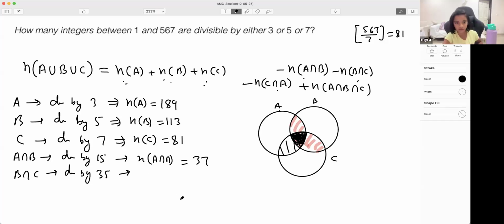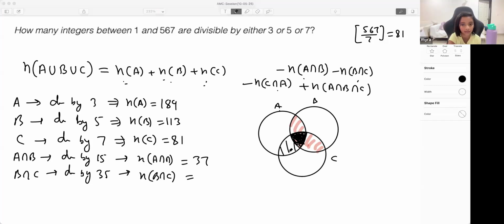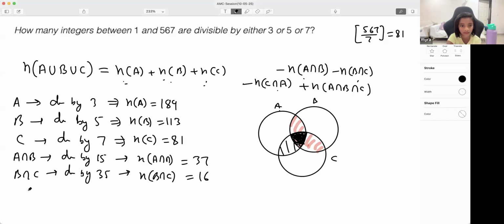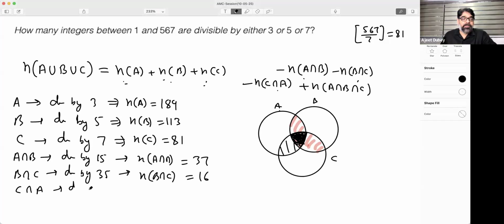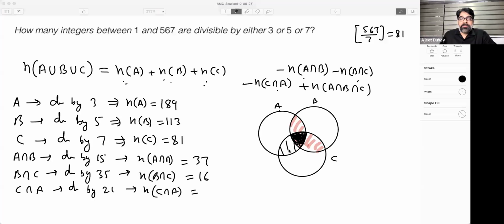So n of B intersection C will be 567 divided by 35, I'll just use a calculator. It will be 16. And C intersection A divisible by 21. So n of C intersection A will be 567 divided by 21. I guess 27.